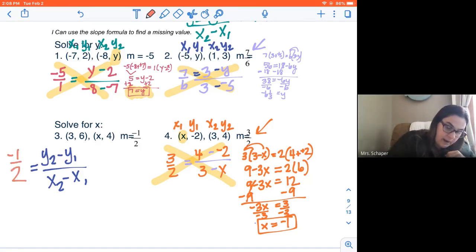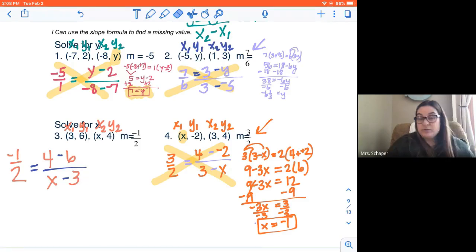And then I've got x sub 1, y sub 1, x sub 2, and y sub 2. So I'm going to erase y sub 2, and that's going to be a 4. Y sub 1 is going to be a 6. X sub 2 is an x. And x sub 1 is going to be a 3.